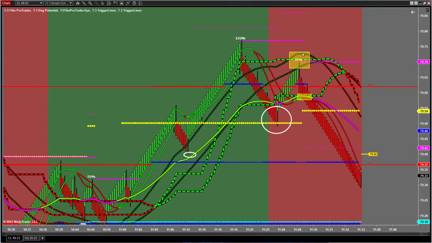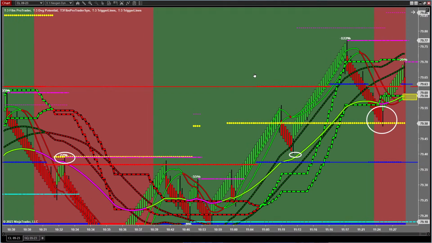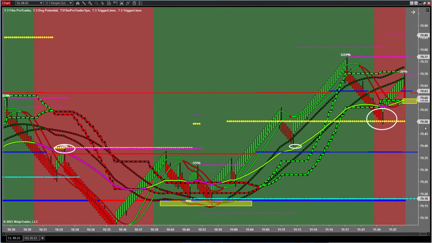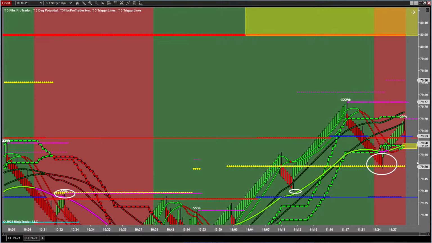Because look, if that holds after the small triggers roll, you're going to look back later and go, man, that was the spot where from 59 all the way up to 805, basically you had 40 ticks worth of profit potential. It didn't go, but that's okay. But this is basically what you're looking for, that second chance entry.